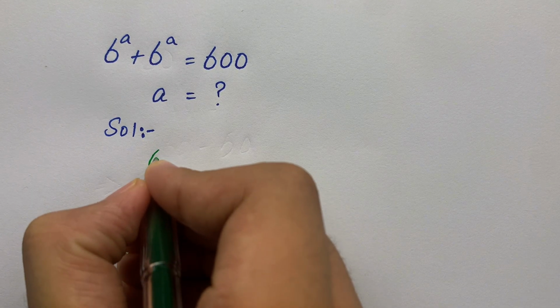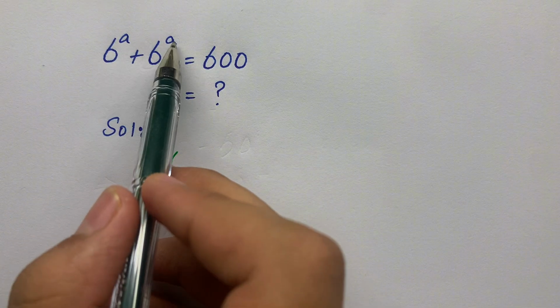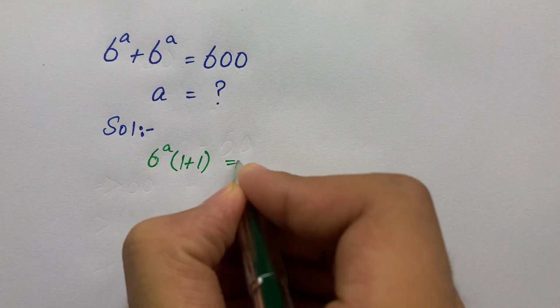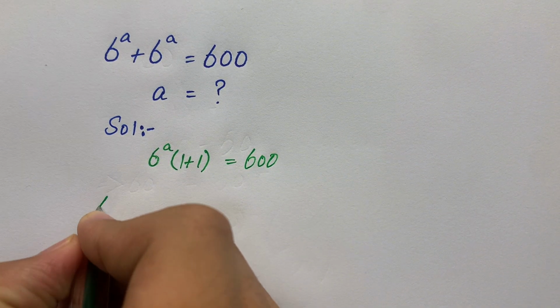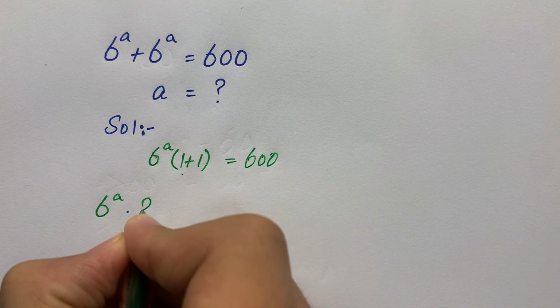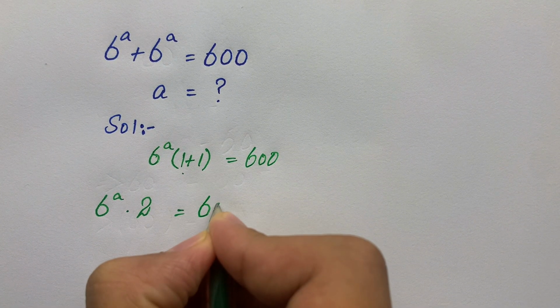The first step is 6^a times (1 + 1) = 600. Now 6^a times 2 is equal to 600.